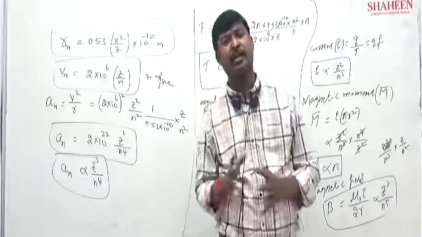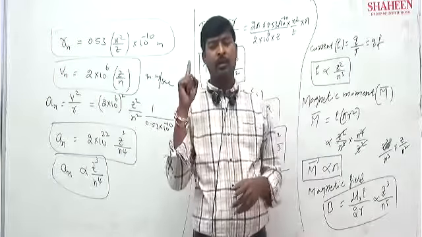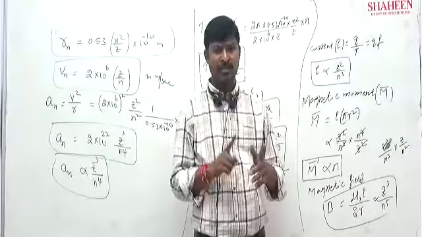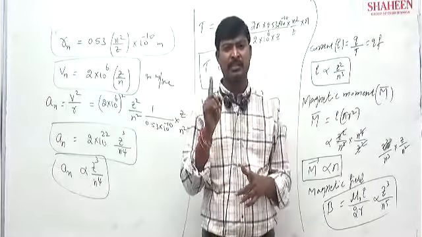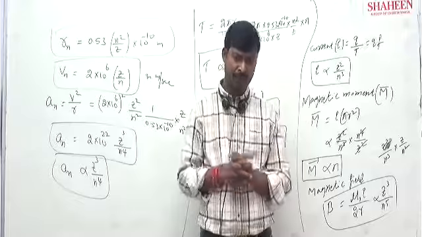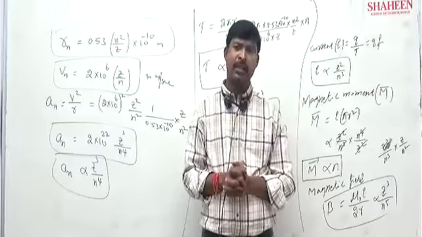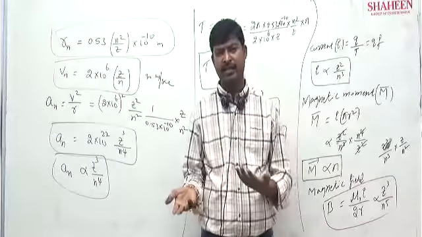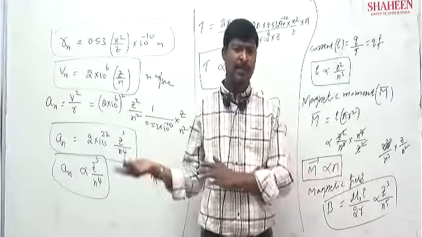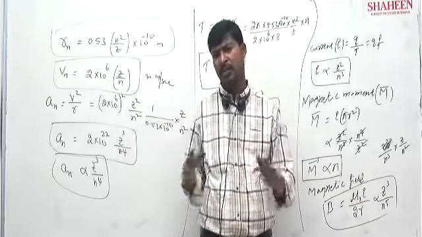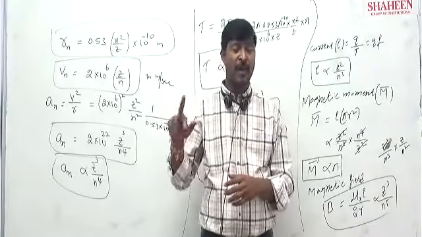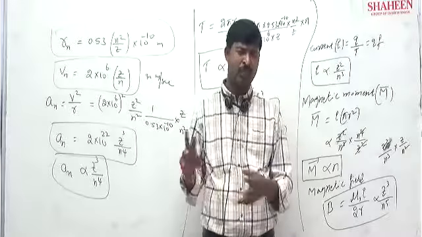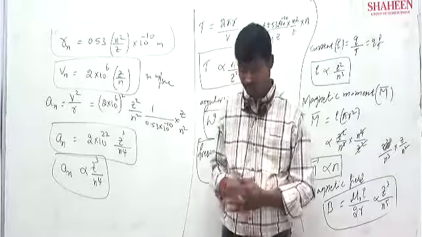Energy in any nth orbit is equal to minus 13.6 Z square by n square. It is the total energy. Kinetic energy is positive, equal in magnitude to the total energy, but total energy is negative. Potential energy is twice the total energy, negative, that we know.